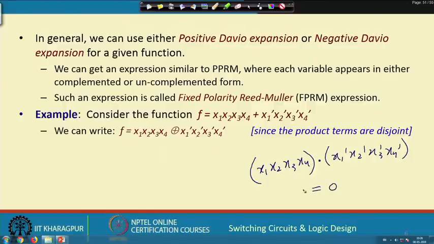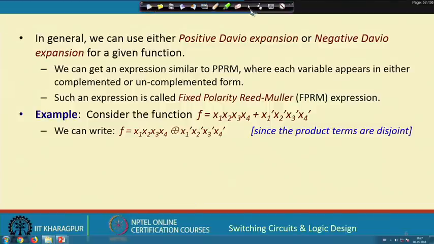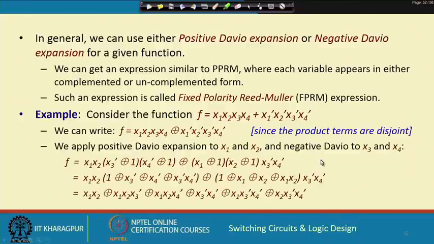So, according to our previous rule, if xy is 0, then we can write x plus y and x XOR y as same. Okay. So, the original function was OR, I can replace it by XOR because their AND is 0. The product terms are disjoint.